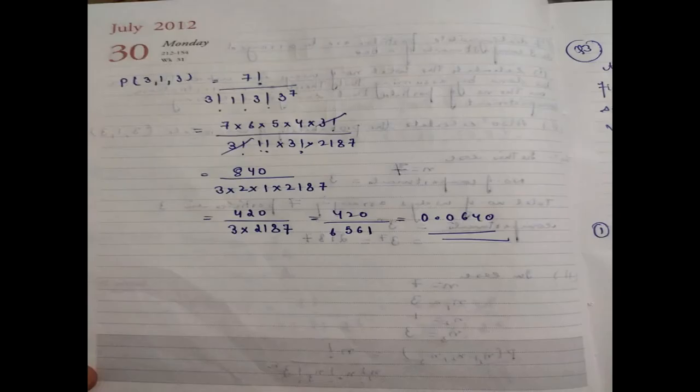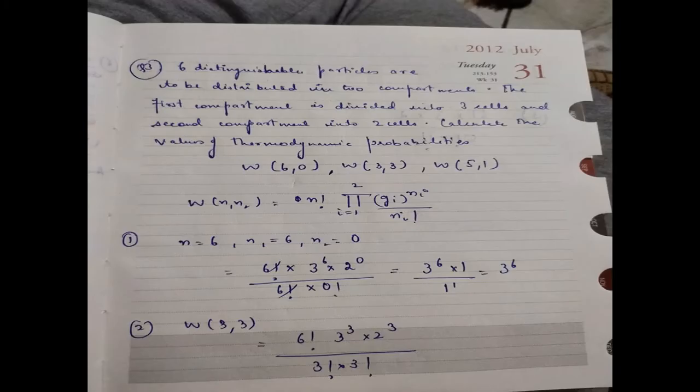Next, these two numericals are based on the distribution of the particles into the compartments. Now we have to consider the distribution of the particles into compartments and further into cells. So we have 6 distinguishable particles to be distributed in 2 compartments. The first compartment is divided into 3 cells, and the second compartment is divided into 2 cells.